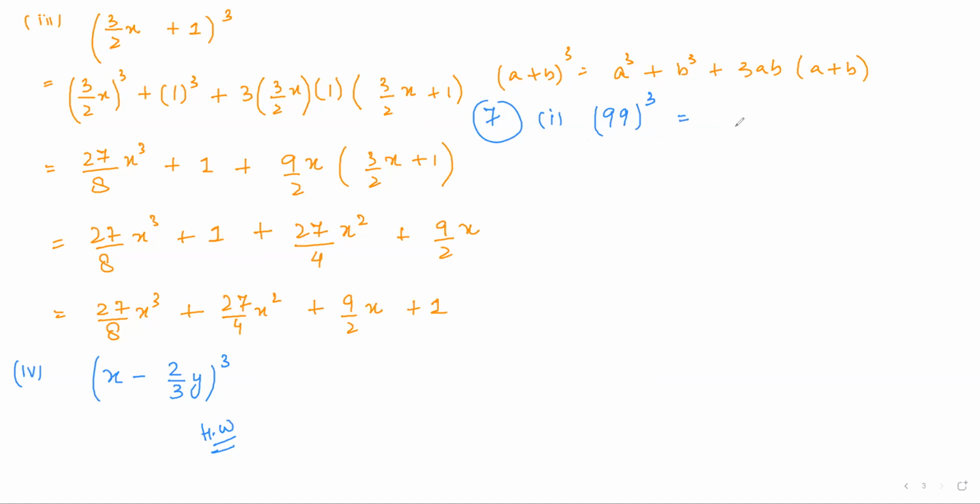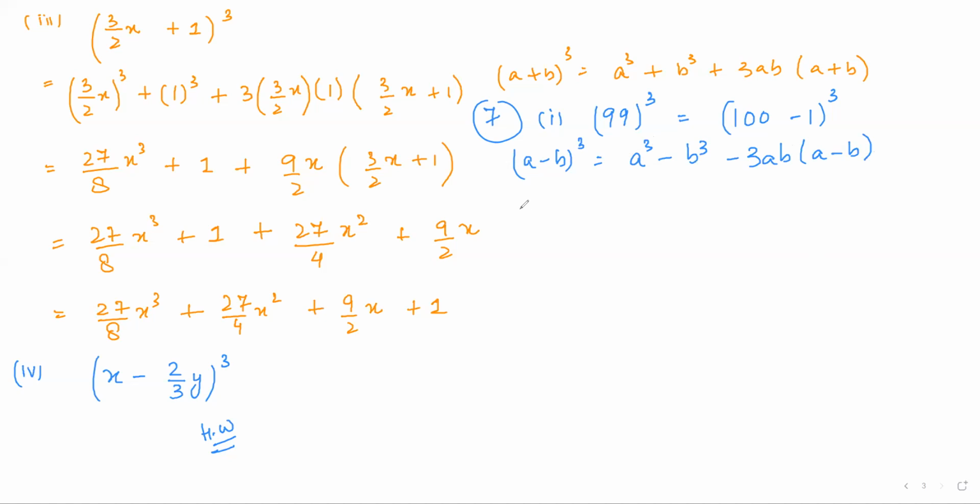So I can write this as (100 minus 1) whole cube, right? Now it is looking like (a minus b) whole cube, right? So again, I can use the identity (a minus b) whole cube is a cube minus b cube minus 3ab into (a minus b), right?